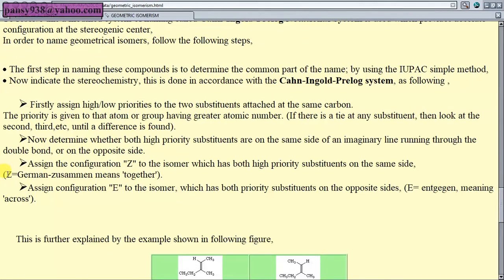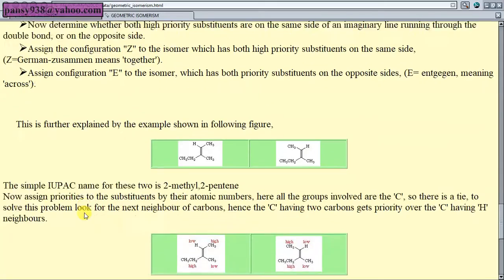Remember that Z is a German word, zusammen, which means together. And assign configuration E to the isomer which has both priority substituents on the opposite side. E is derived from the Latin word entgegen, which means across. This is further explained in the figure.